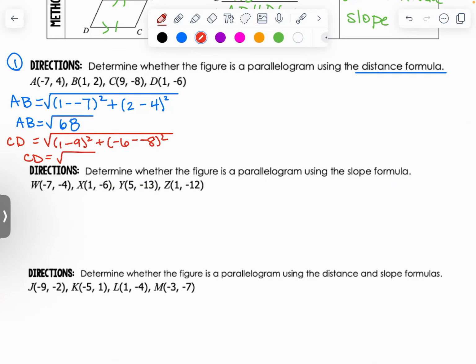What's 1 minus 9? Okay, so we have negative 8 squared, so that's 64, right? What's negative 6 minus negative 8? 2. 2 squared is 4. Well, that's a good start, right?